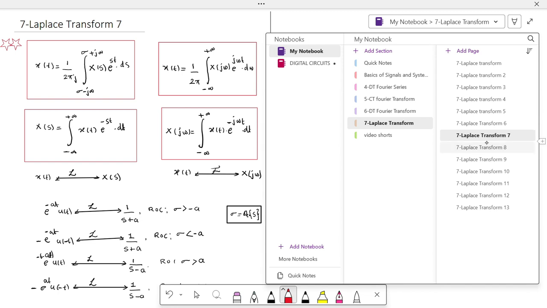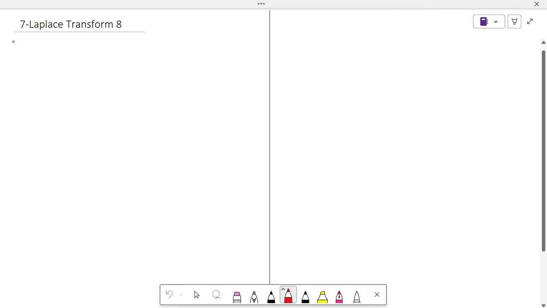So next problem, a similar problem. x(t) equal to minus e^(-2t) u(-t) minus e^(-3t) u(-t).